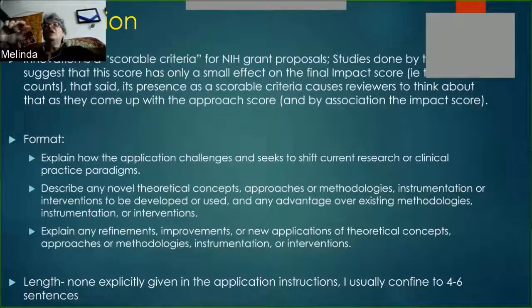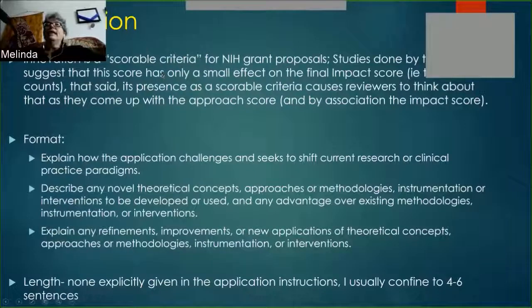And the innovation score itself has a relatively small effect on that final impact score. But even small effects are important. It's the approach that is the biggest piece that is scorable.